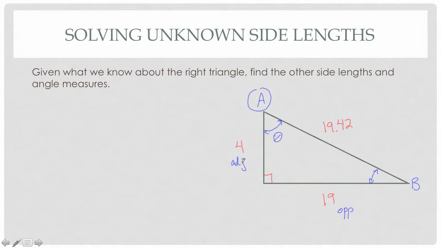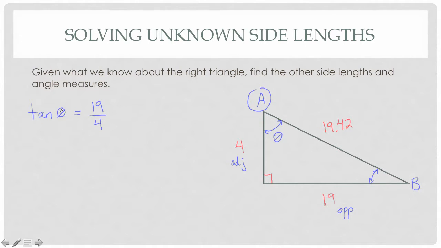The trig function that relates these two sides is the tangent. So I can write the tangent of some unknown angle has to be a ratio of opposite divided by adjacent. So it has to be 19 divided by 4. That's how trig right triangles work.